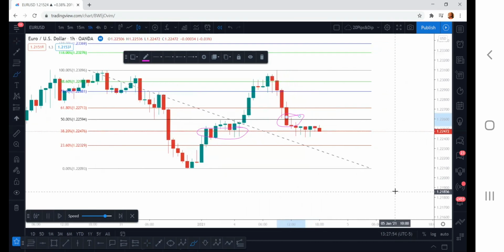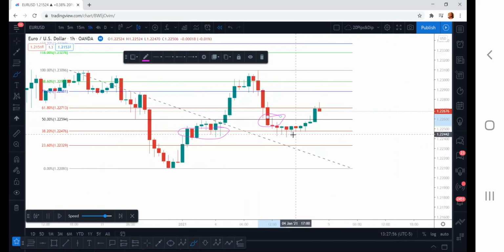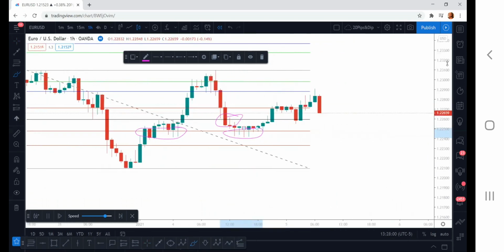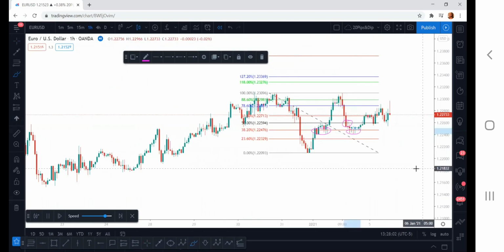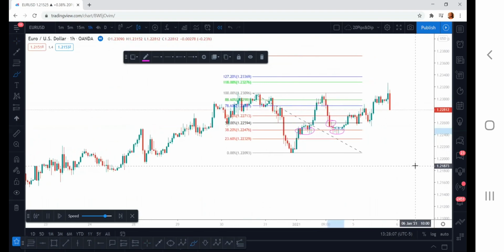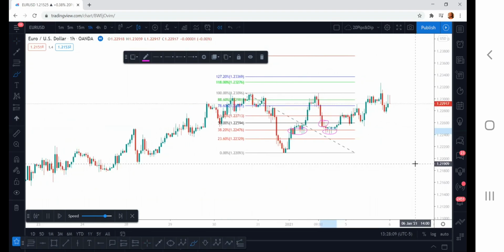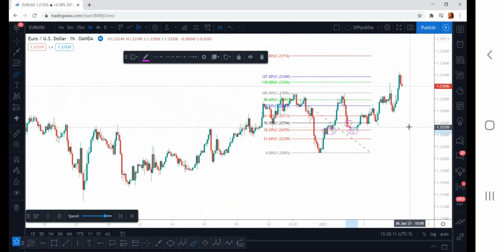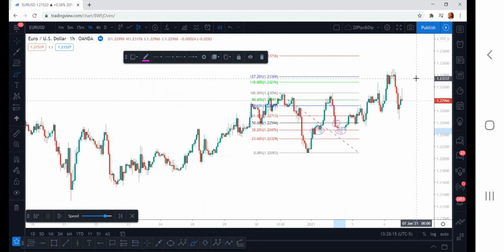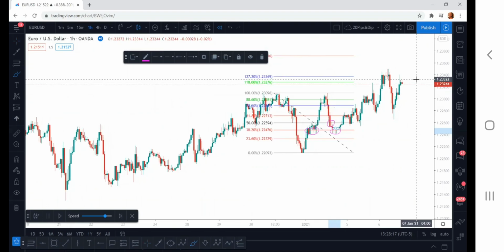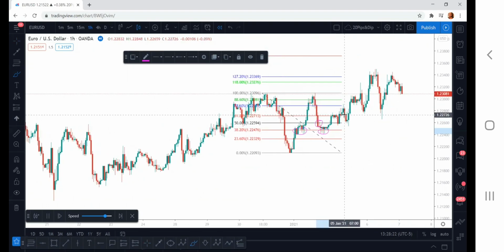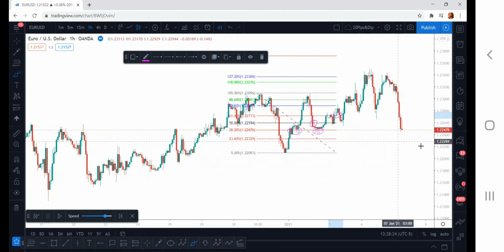Okay. Again, dancing around the 38. See if it's going to break that 100%. All right, boom. It also stopped at the 61.